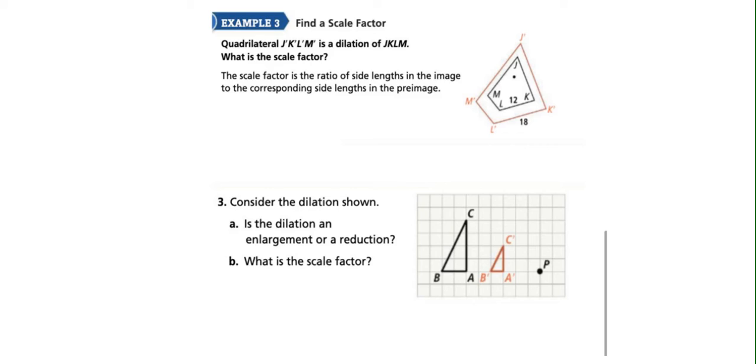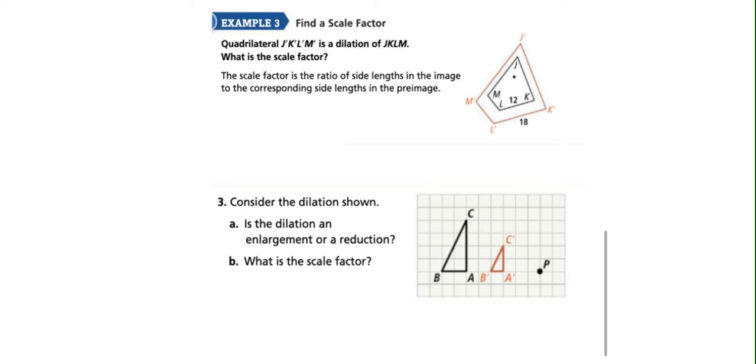To do this, we're going to pick out one length in its proportional side and then set up a ratio. We're given it's a dilation, so they are proportional.